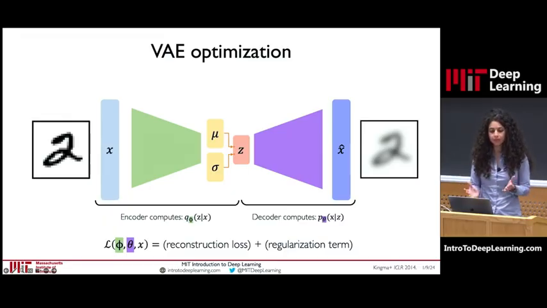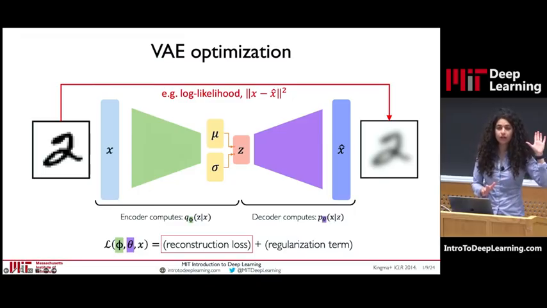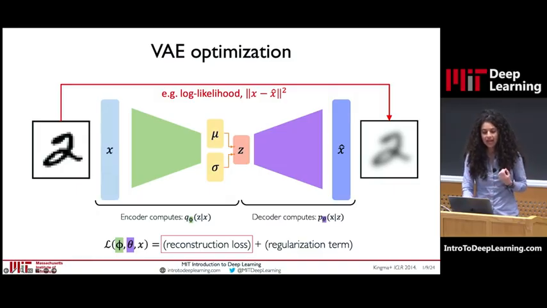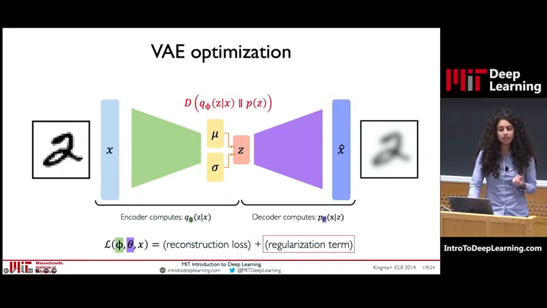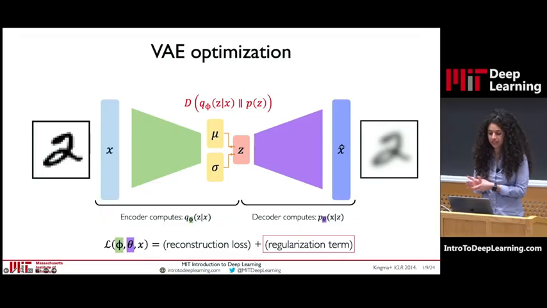So first, let's remember that we're trying to optimize our loss with respect to the weights phi and the weights theta. The first component is that reconstruction. With an image, we can look at our input data X and the reconstruction X hat, directly compare them pixel-wise, and compute this reconstruction error.